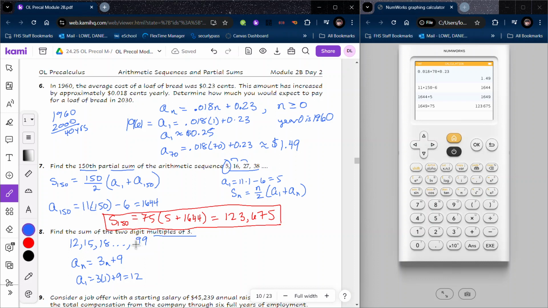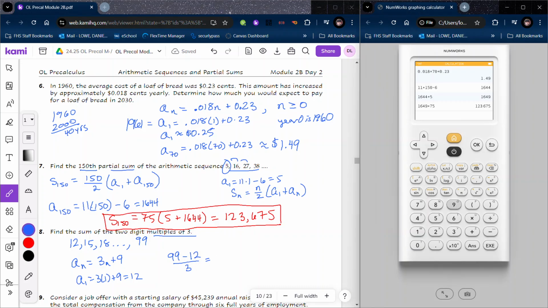How many terms would I have to get to 99? I need to know how many terms I'm going to have. A way to do that is to say 99 minus 12, divided by 3.